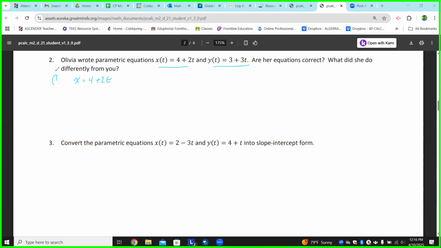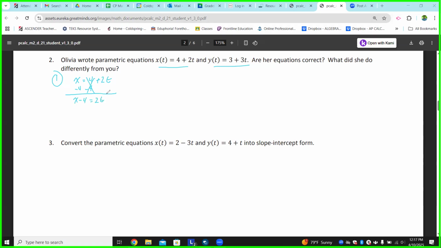So here's the first step. Solve for t. How would I solve for t here? I always want to get rid of the constant first, before the coefficient. So I'm going to subtract 4. So I get x minus 4 equals 2t.